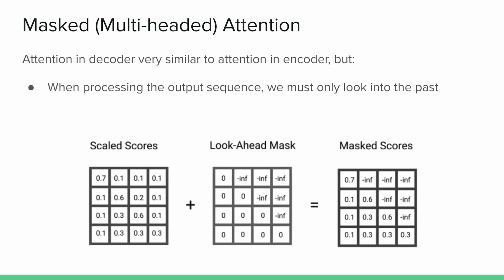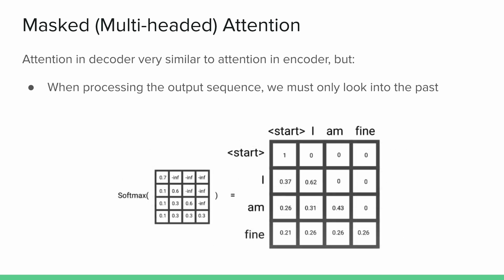And if you sum these up, you get those masked scores where all of the right top part of our matrix is -infinity, and after normalizing this, those will become 0, which is exactly what we wanted to have. Now, we're enforcing that when we are processing the word "I", we're only paying attention to everything that came before and not what comes after.